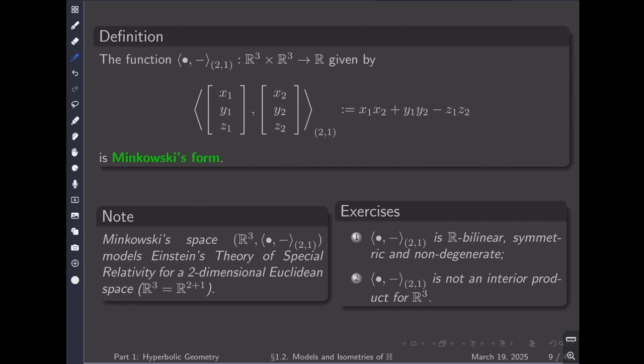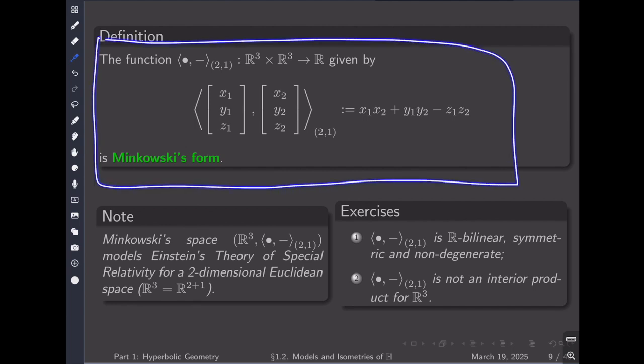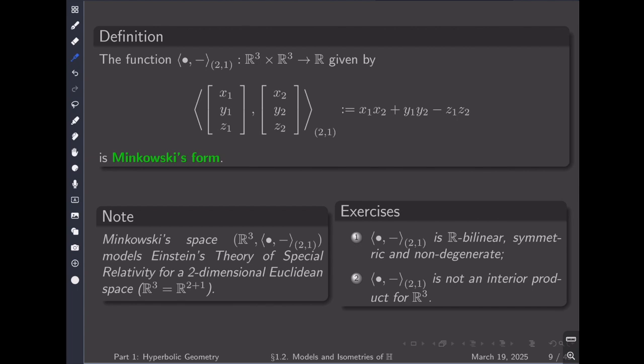So we start with the Minkowski form, which is defined on R3, and is almost the usual dot product of vectors, except that the third entries are matched but with a minus sign.